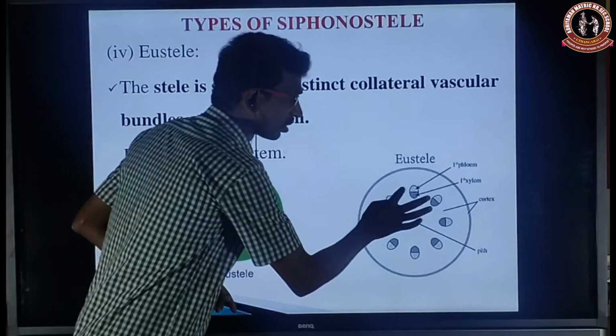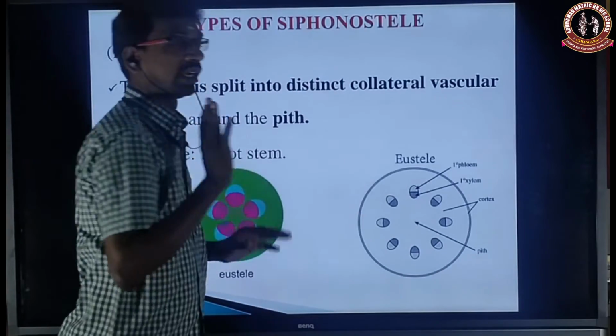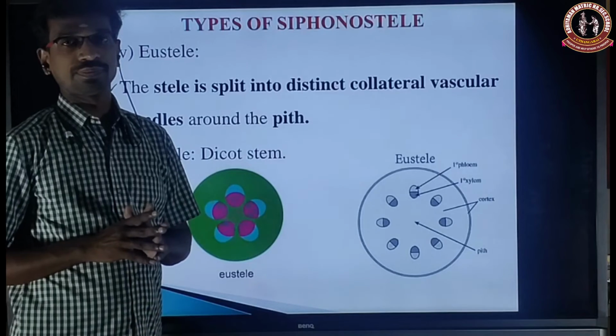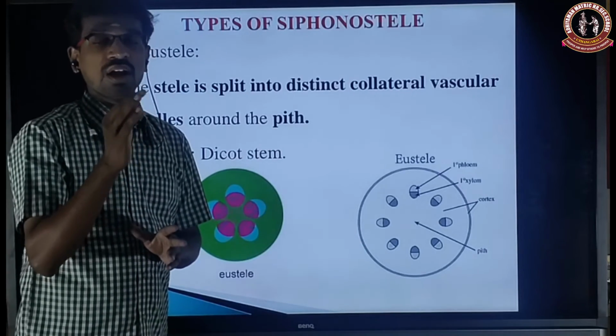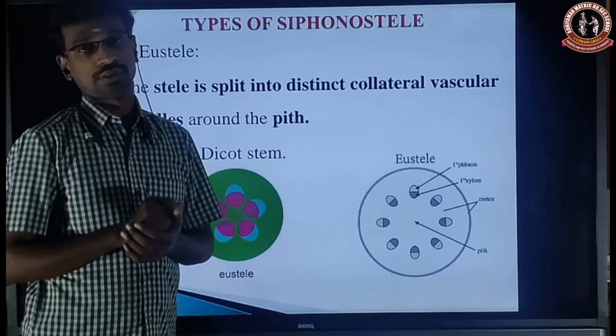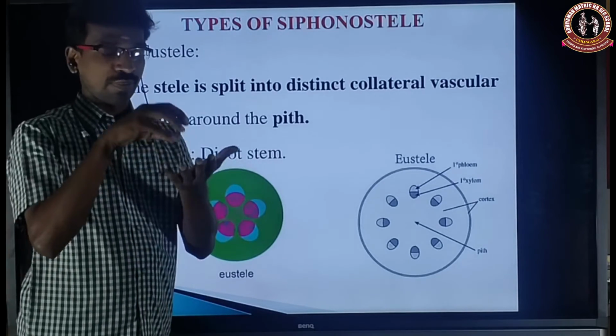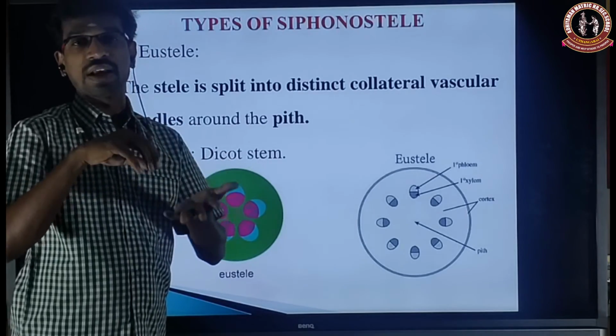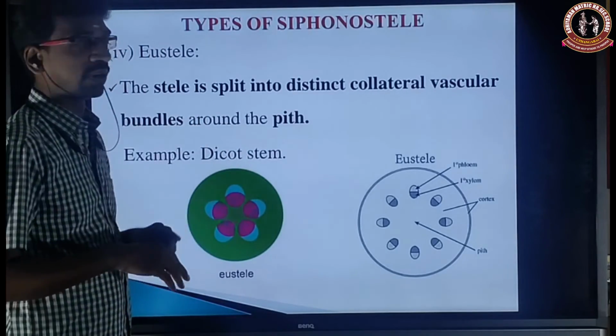So here the vascular bundles are in a ring around the pith. That is a eustele. Example, dicotyledon. The vascular bundles are arranged in a ring-like structure around the pith. That means pith at the center, surrounded by a ring-like vascular bundle. That is a eustele. Example, dicotyledon.